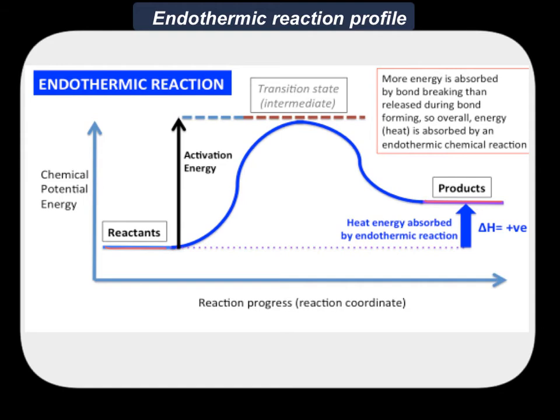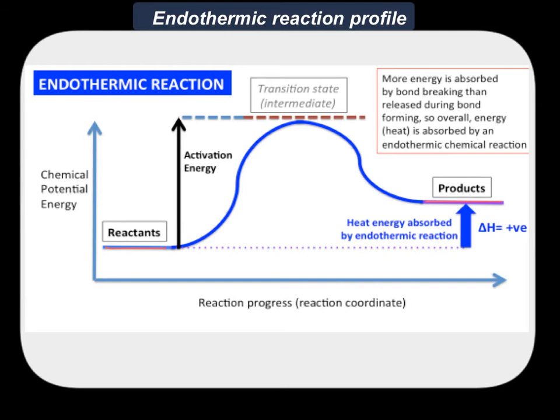But if we think about these two energy levels, and if we think about it in terms of bonds formed first, more energy is absorbed by bond breaking than is released during bond forming. So overall energy in the form of heat is absorbed by an endothermic chemical reaction.